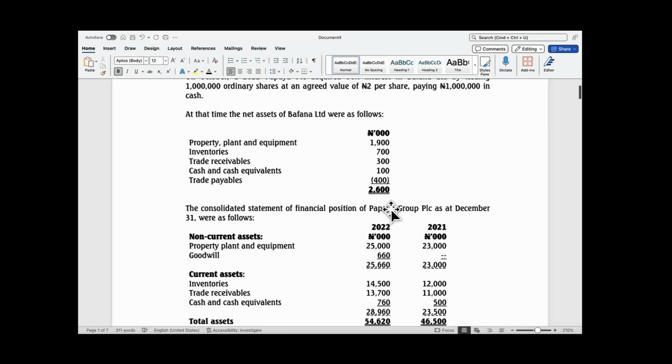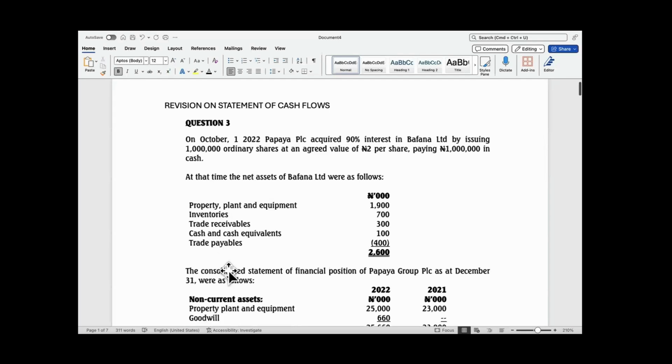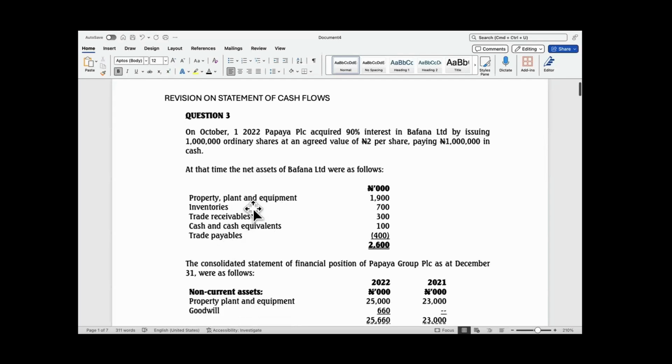The first paragraph here says on 1st October 2022, Papaya acquired 90% interest in Bafana by issuing 1 million shares at an agreed value of 2 naira per share, paying 1 million cash. And these are the assets of that subsidiary that I acquired.